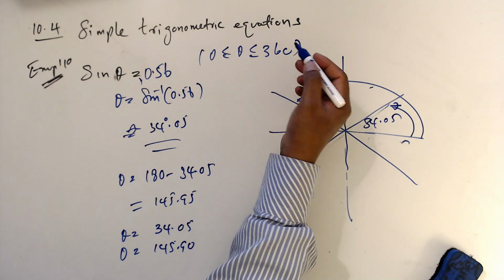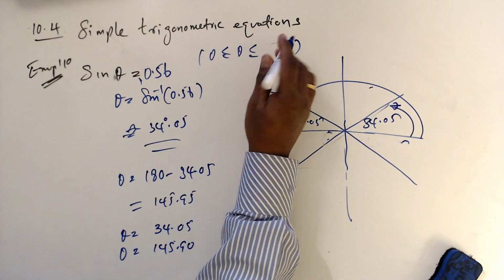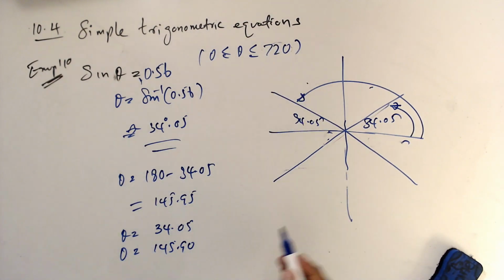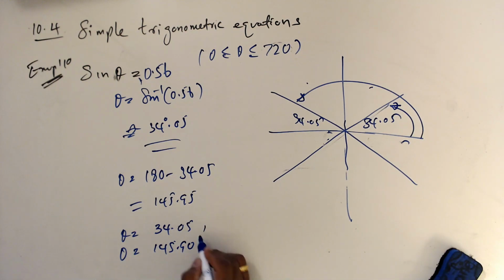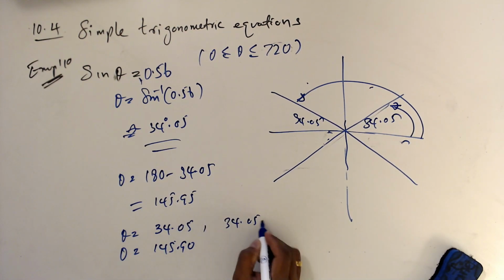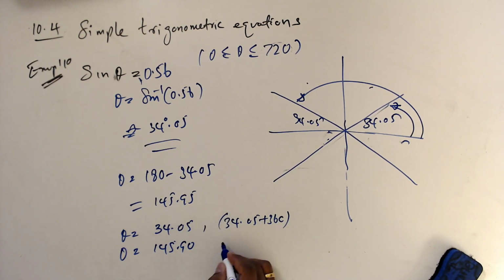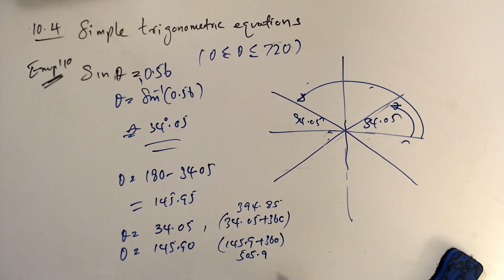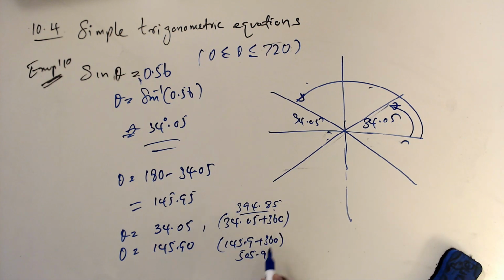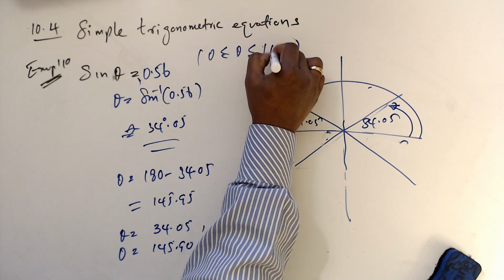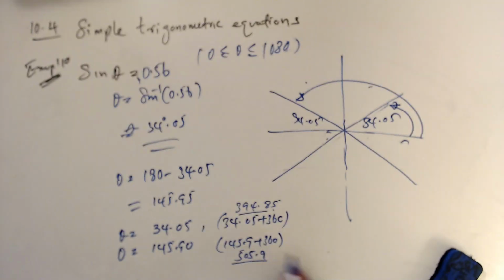If I make the range into 720, then what you need to do is add 360 to both and see. So the answers are 394.05 and 504.95. If you expand this further to 1080, then what do you need to do?